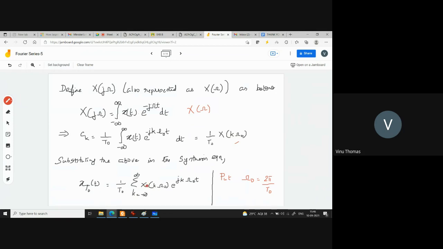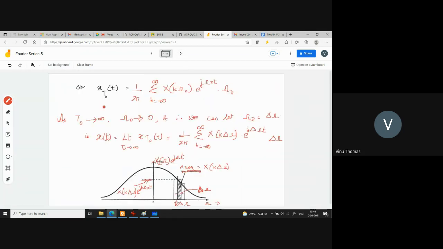Here we will make the substitution omega 0 is equal to 2 pi by T0, and rewrite the equation as follows. x T0 of t is equal to 1 by 2 pi sigma over k X of k omega 0 e raised to j k omega 0 t omega 0. So this is the expression for x T0 of t.